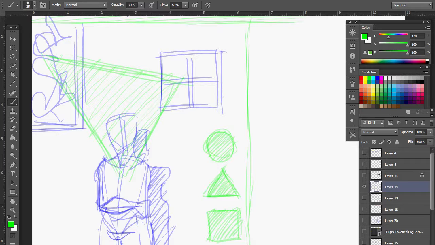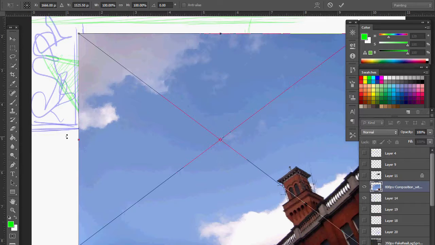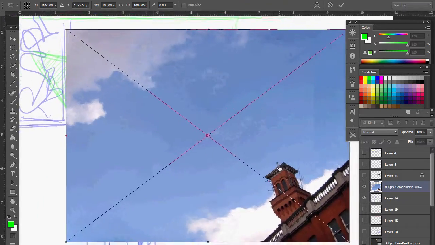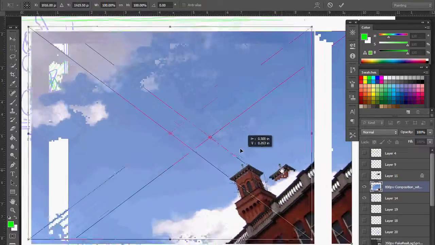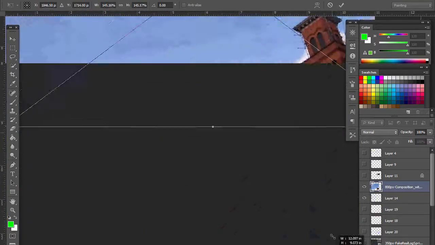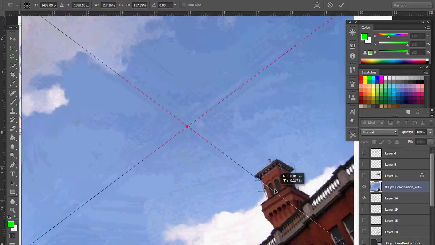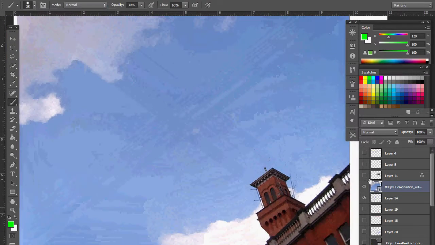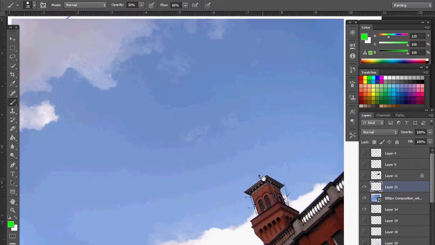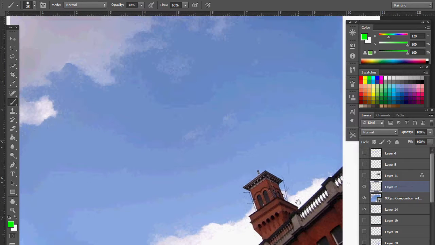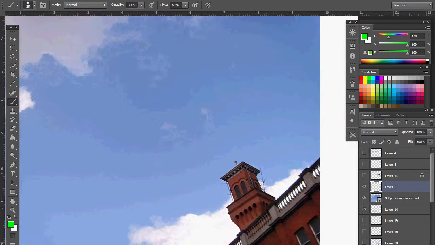Now, let me come up with a different kind of example. Okay, let's take a look at this image here. This image also uses triangles. You've got the buildings here. You can make something triangular from two different sides.